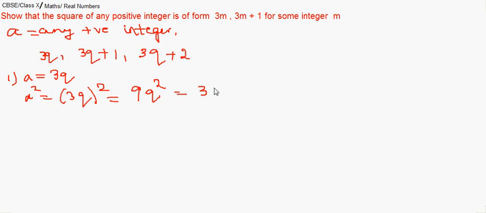If I write it as 3 into 3q square, where this is 3m, m is equal to 3q square, right?